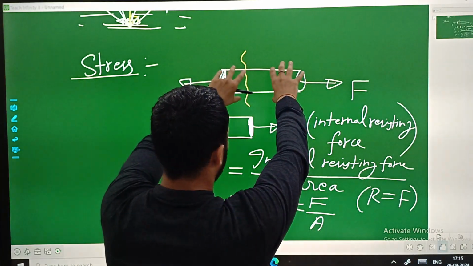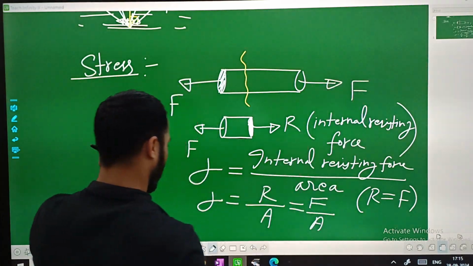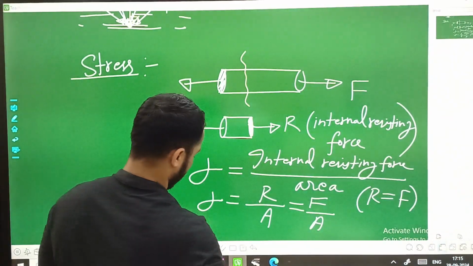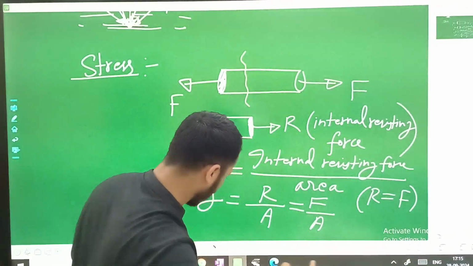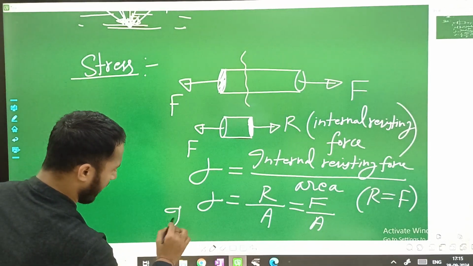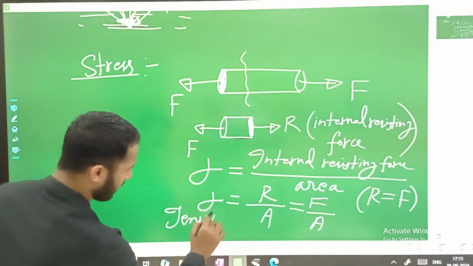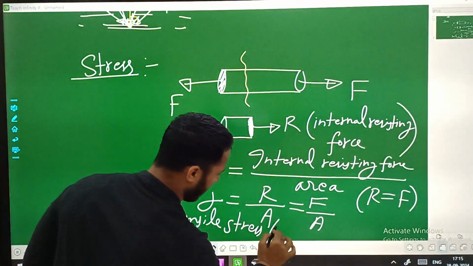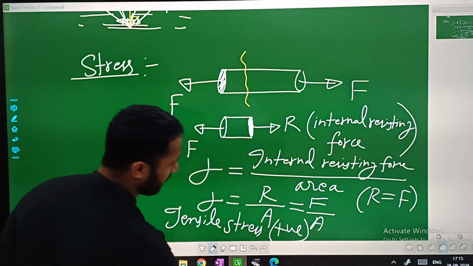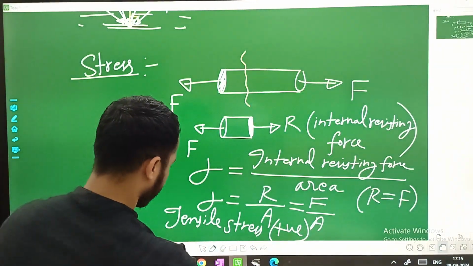So here the rod is trying to elongate. So this stress developed inside the rod will be known as tensile stress and will generally be represented with a positive sign. Okay.